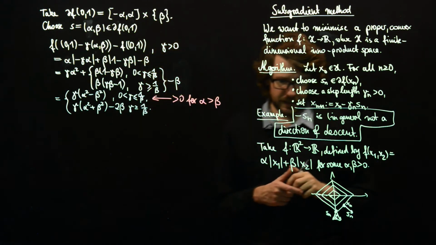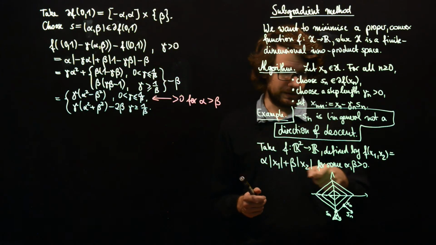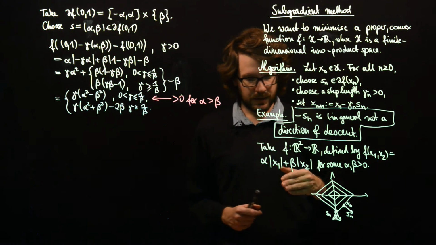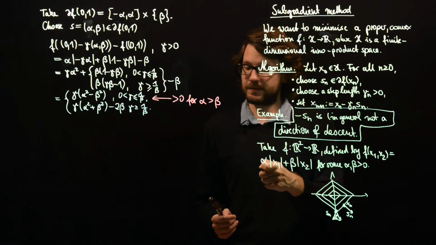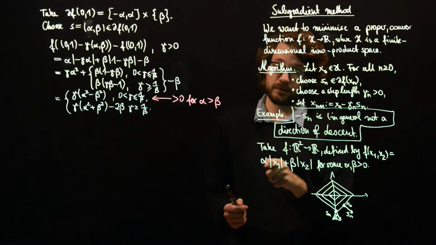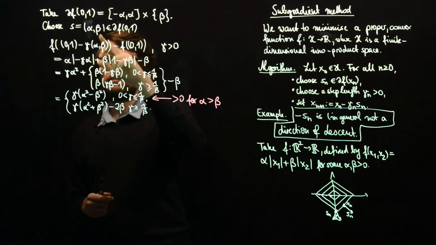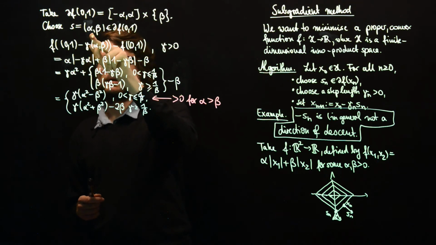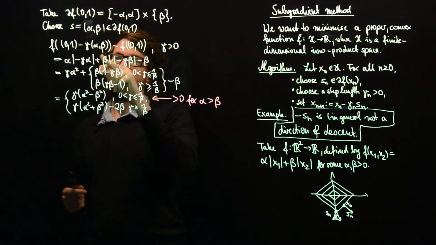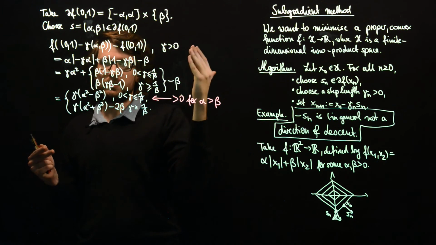This means if in our harmless looking objective function alpha is greater than beta, for example, alpha is equal to 2, beta is equal to 1, then this will be a subgradient, and minus the subgradient is not the direction of descent.